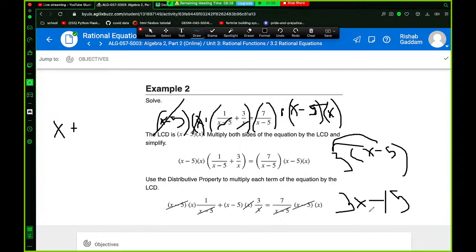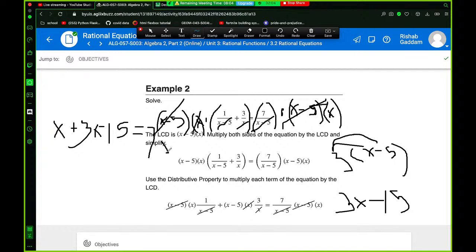So yeah, after you get 3x minus 15, you can just put it over here. 3x minus 15. And this is equal to, cancel this out, and you have 7 times x. So that's 7x.